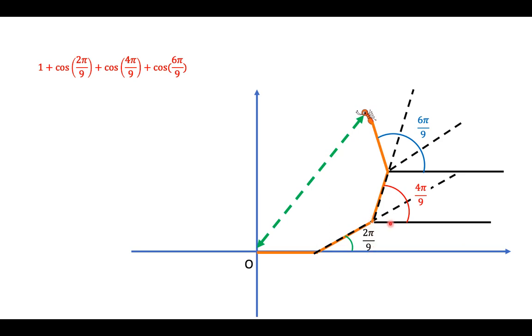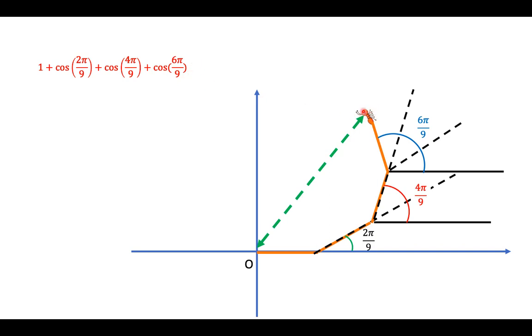And then this distance here is 4π/9, etc. So this is the horizontal distance that the ant is displaced. He ends up here. Of course, cosine of 6π/9 is going to be a negative number in the second quadrant, so it makes him move backwards a bit. So this quantity is a negative number, but that's not important at the moment.